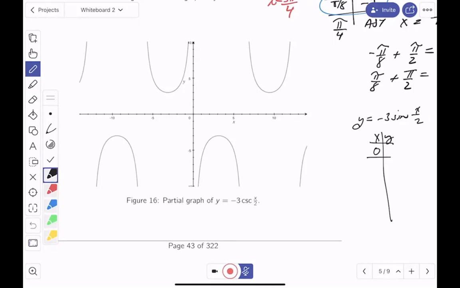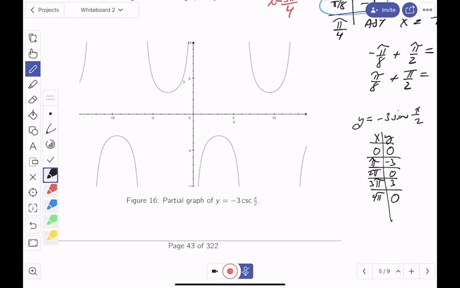Let's see, 0. Let's see, that would be 4 pi, right? 2 pi, 1 pi, 3 pi. Let's see, that would be 0, minus 3, 0, 3, 0.